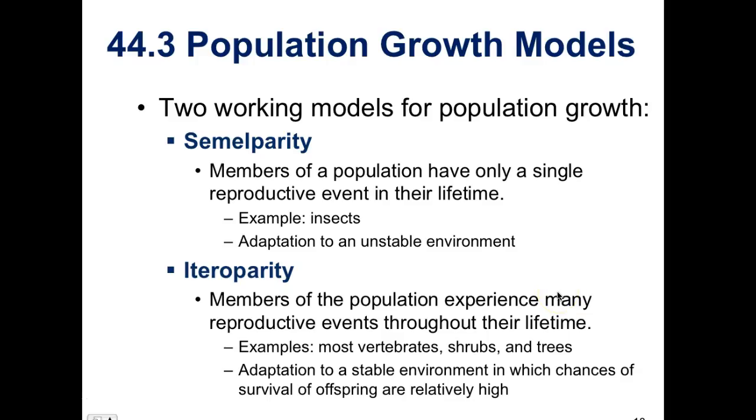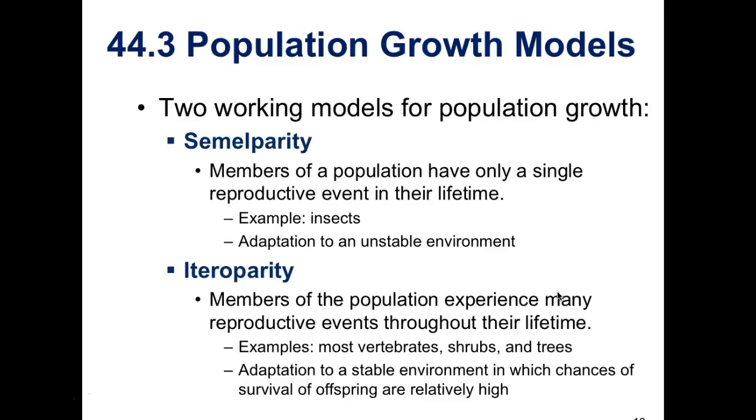There are two models for population growth. These necessarily aren't reproductive strategies. They are modes of reproduction for organisms. You have semiparity. Semiparity is when members of a population have only a single reproductive event in their lifetime. An example of this would be insects.